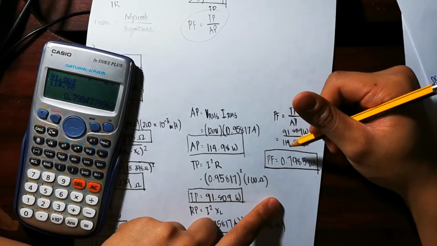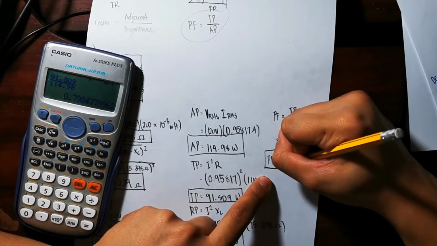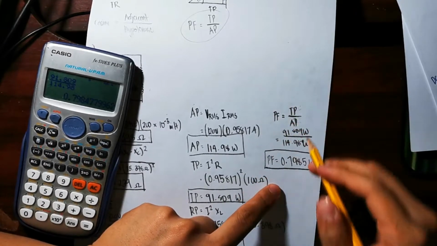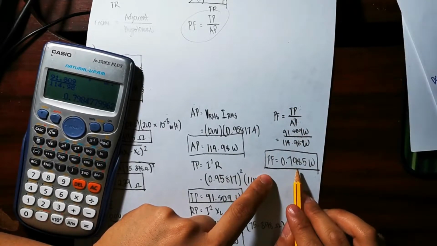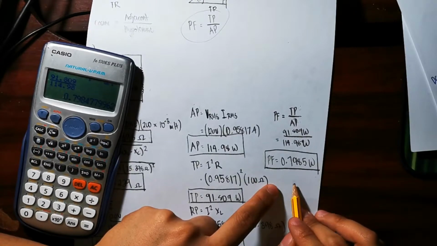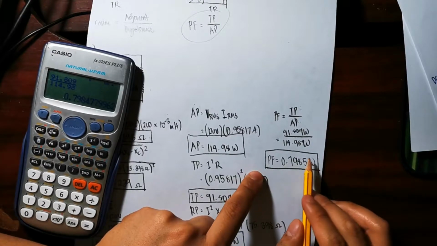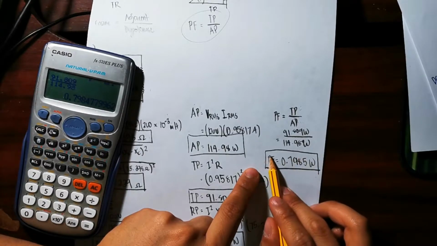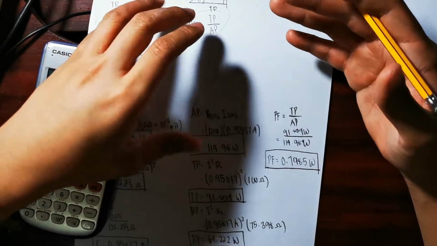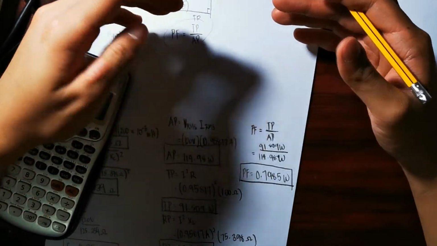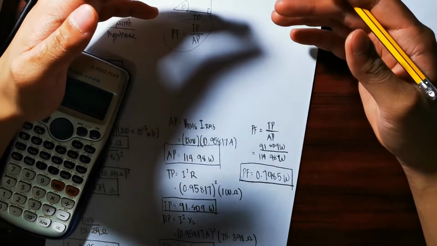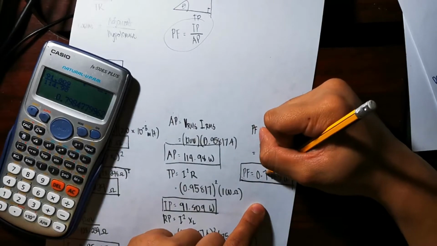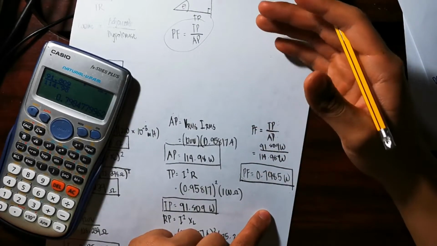Another thing about power factor is that the closer its value is to 1, the better, because this value shows the efficiency of the circuit that runs within an area. So the closer this value gets to 1, the more efficient it is.